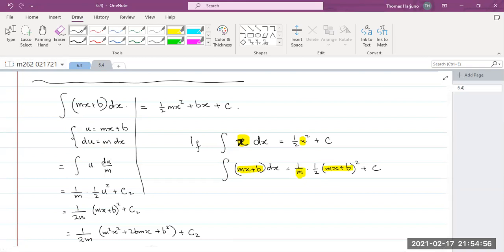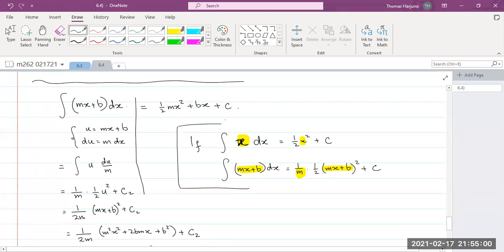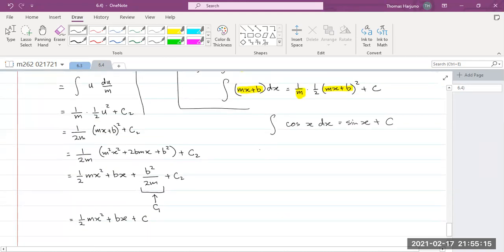Why do I say that? Why do we need to know that, Thomas? Here's the thing. You know that the integral of cosine x dx is sine x plus constant, right? So what kind of difference if I change that x inside the cosine by, let's say, 3x plus 5?